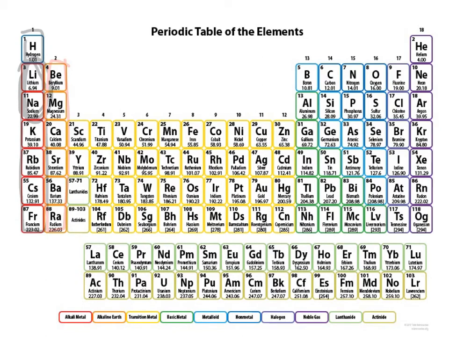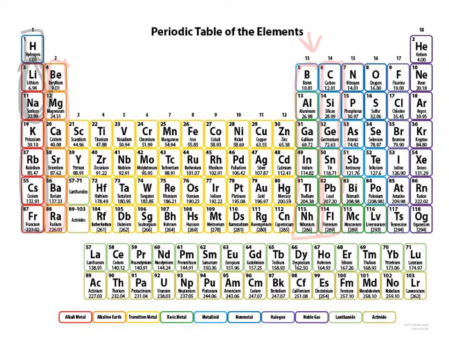Now we're going to skip over the middle for right now because those are special. But if we go over here and start at this column, which is column 13, this whole column will have 3 valence electrons. And if we keep moving, maybe you can figure out the pattern. The carbon family has 4 valence electrons.